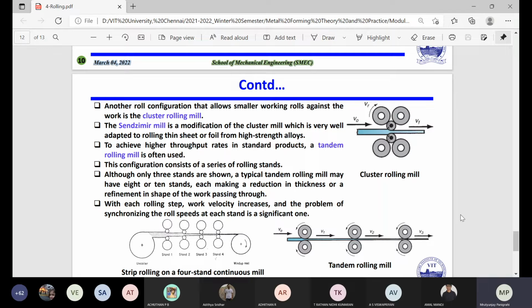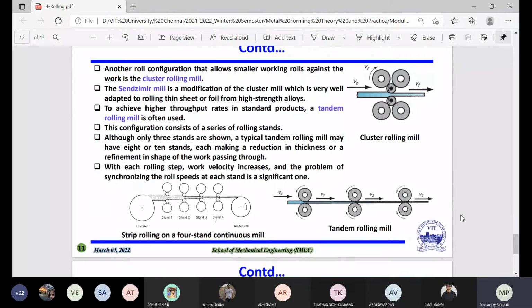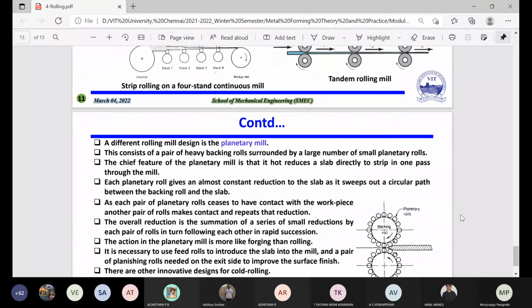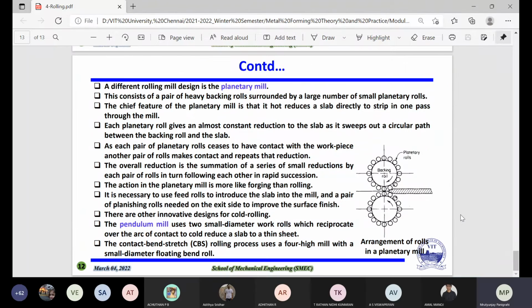One more slide I think I have. Is it clear? This last slide is the planetary mill. A different rolling mill design is the planetary mill, which consists of a pair of heavy packing rolls surrounded by a large number of small planetary rolls.